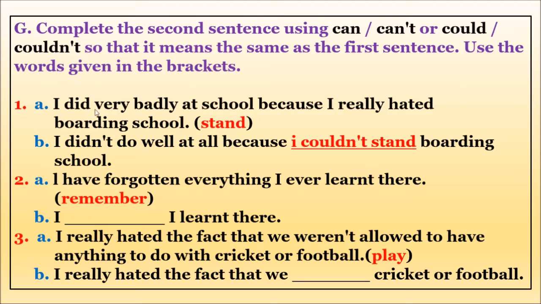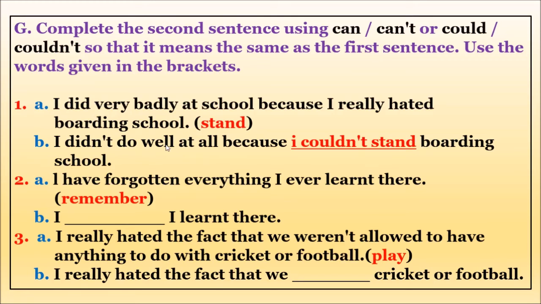Example, I did very badly at school because I really hated boarding school, and you have to use the word stand here. You have to change the whole sentence into a negative thing. Okay. I did not do well at all because I couldn't stand boarding school.